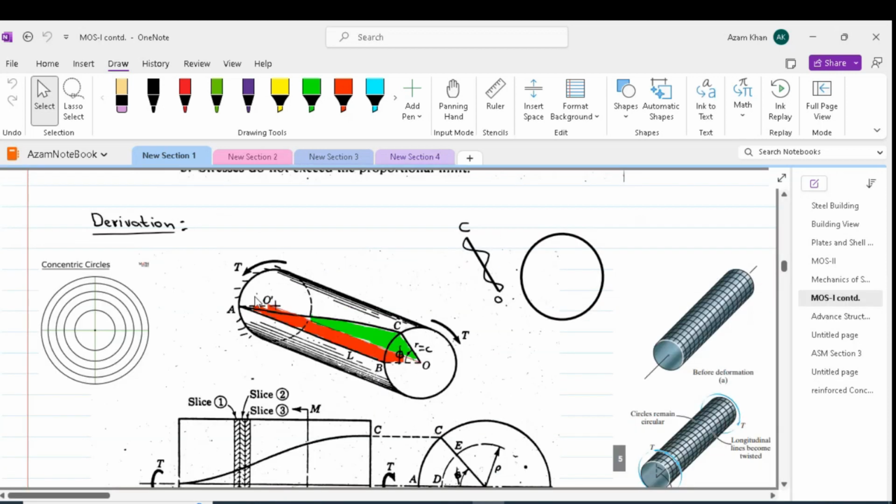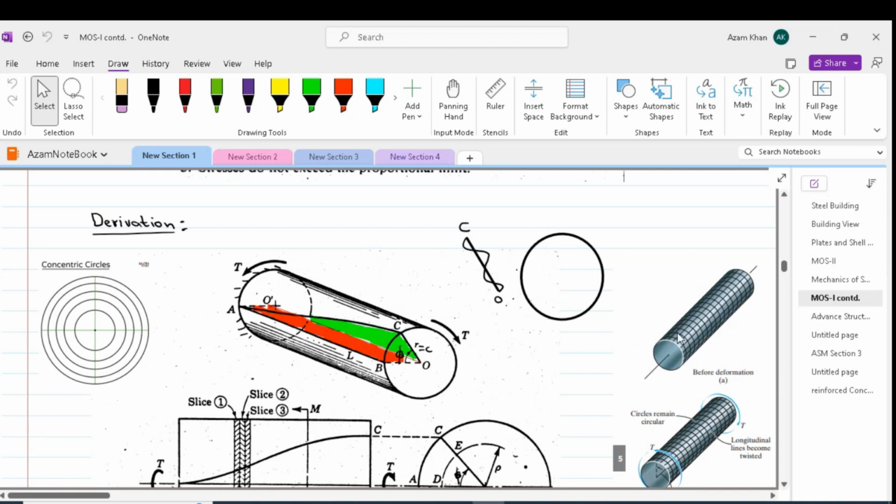So, for example, it is the same cylinder where torque T has been applied. We can divide the surface of this cylinder into longitudinal and circumferential elements. So we will get elements as shown in this figure.